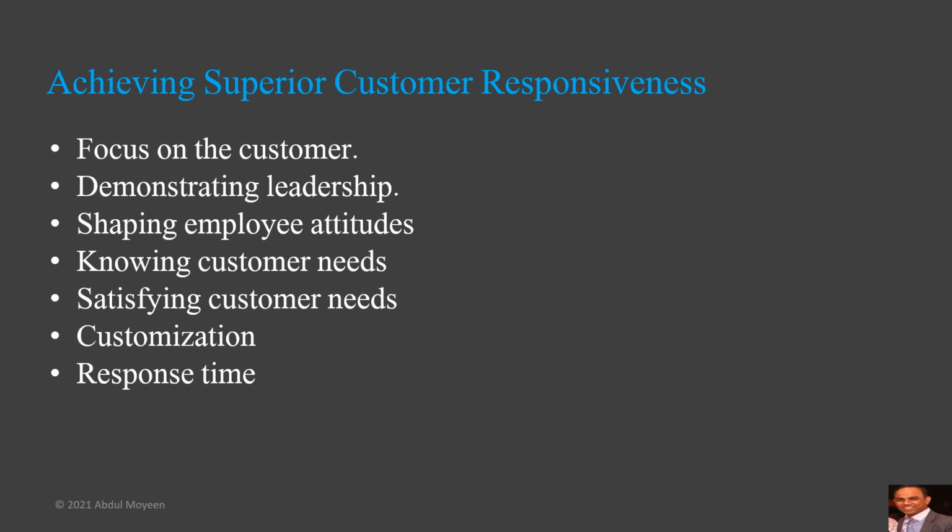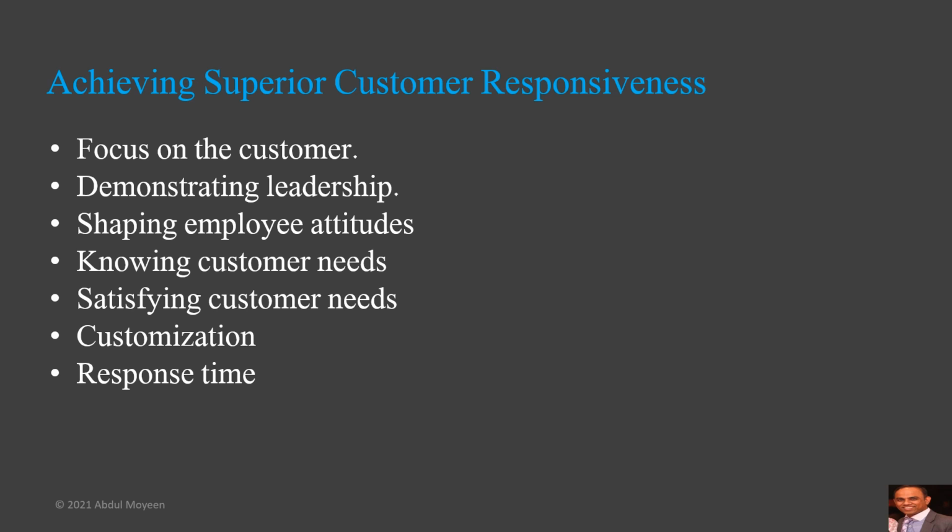Now, customer responsiveness is an important differentiating attribute that can help to build brand loyalty. Achieving superior customer responsiveness means giving customers value for money, which means that the company needs to focus on efficiency.